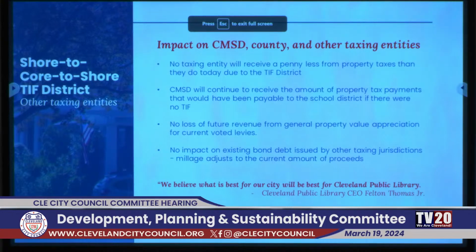But I think it would have been more appropriate to bring these taxing entities to the table today. I think these are really big questions, and for Tri-C, for the county, for the library, if they do indeed support it, can we hear from them directly about their feedback on this? Have they crunched the numbers?